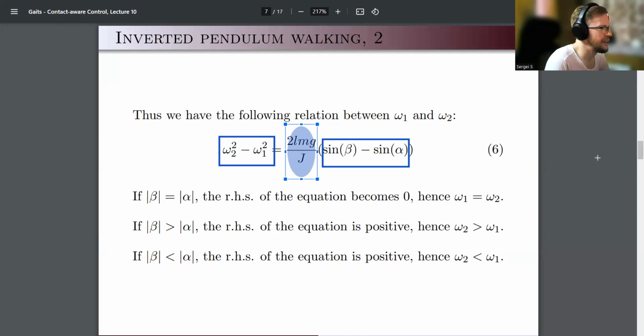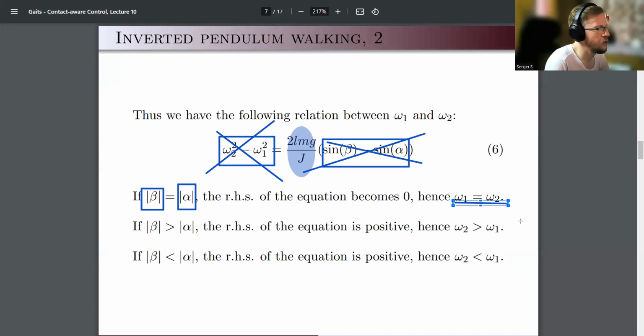Now, if beta by absolute value is equal to alpha by absolute value, this would mean that sine beta is equal to sine alpha, and this becomes zero. Therefore, this becomes zero. So omega 1 equals omega 2.